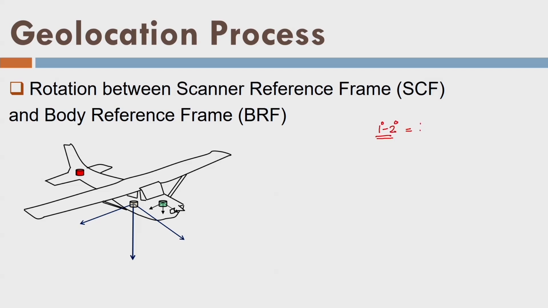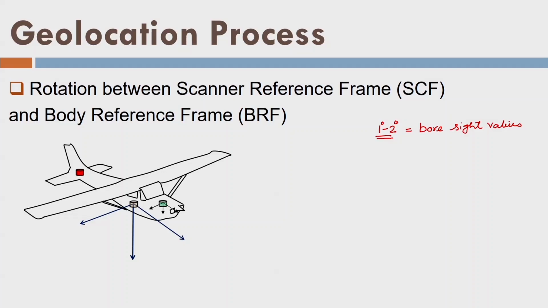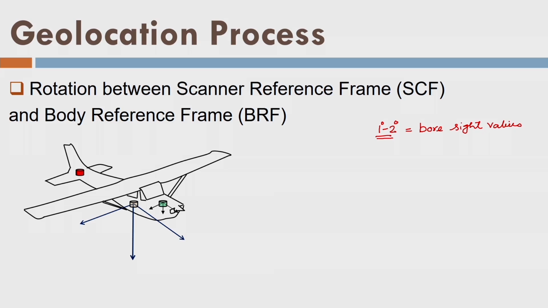These values are the bore sight values, and these bore sight values are determined before we start the airborne mission, and they are also determined after the airborne mission, because it is quite possible that the orientation between the body reference frame and scanner reference frame may change because of the aircraft motion during the data acquisition. As a result we observe it afterwards as well as we observe the bore sight values before the airborne data acquisition, and we take the average value of the two.